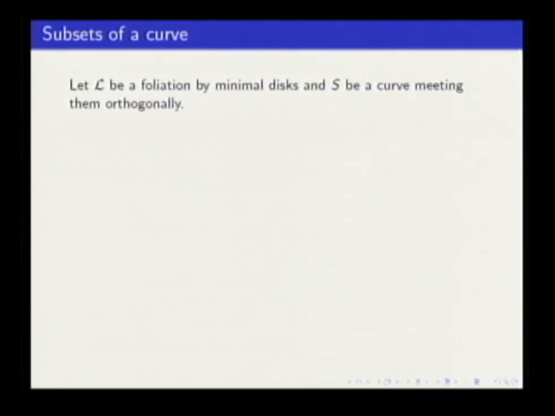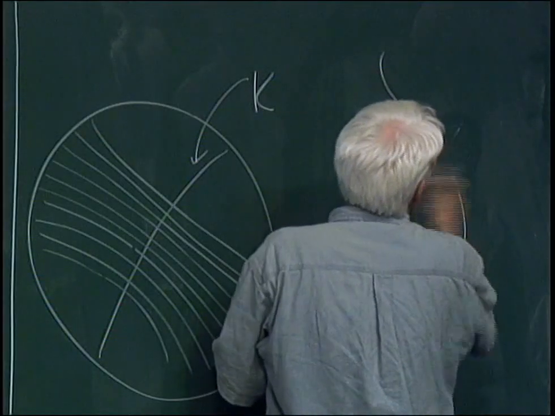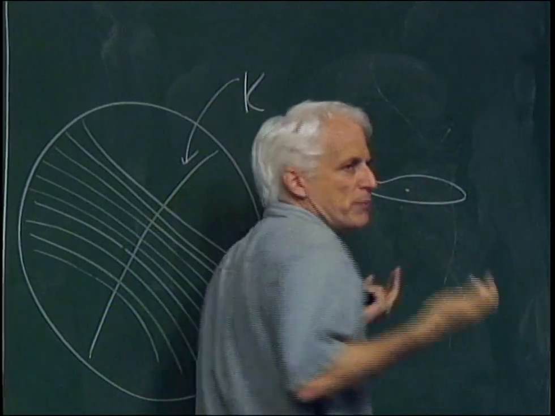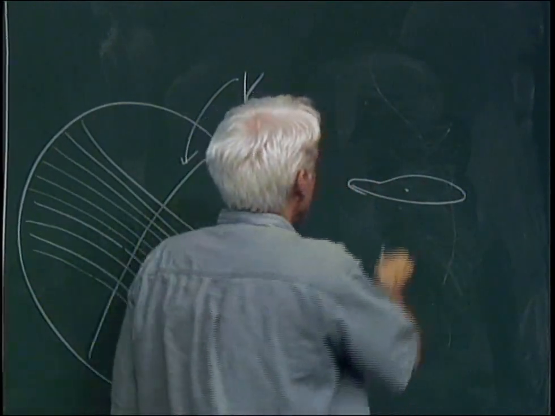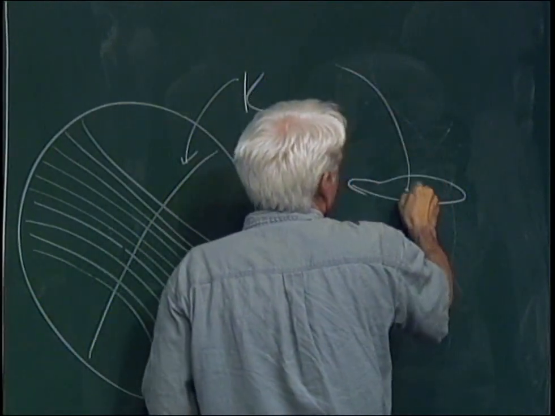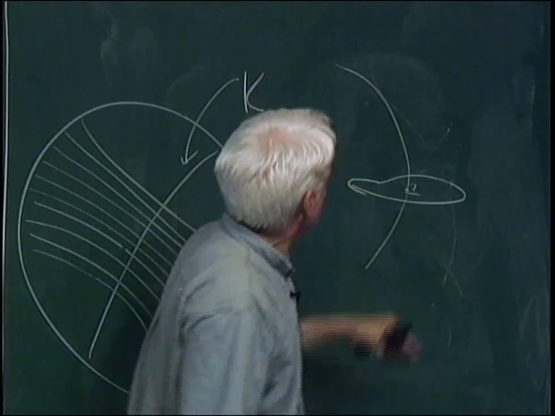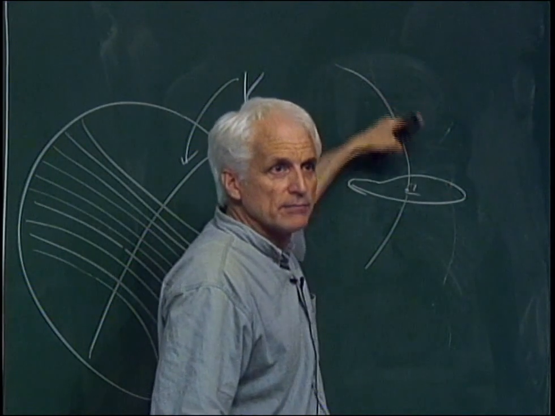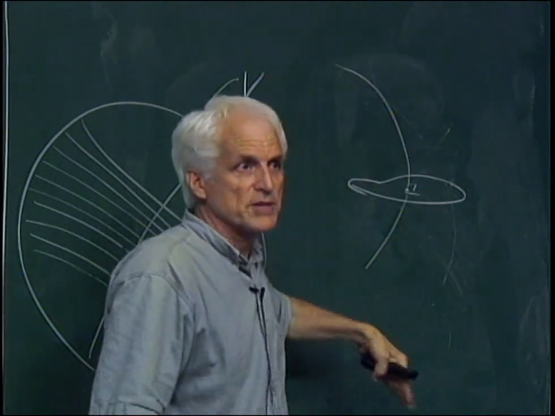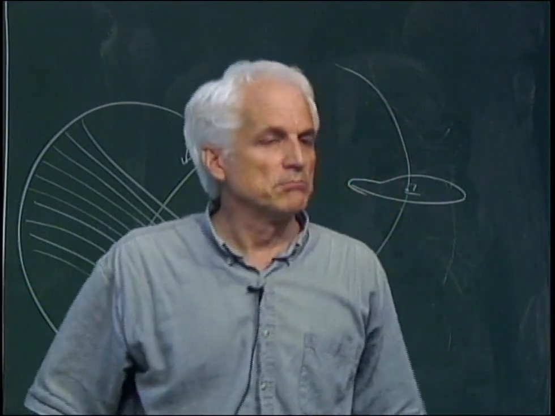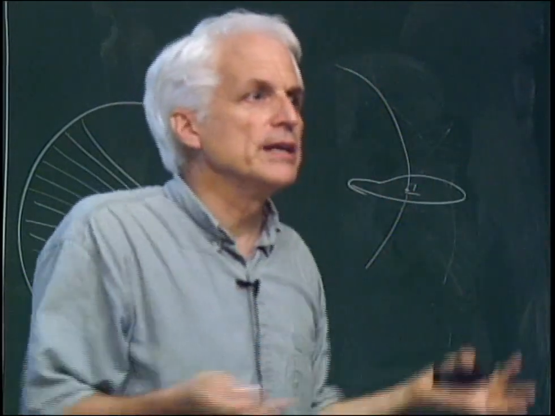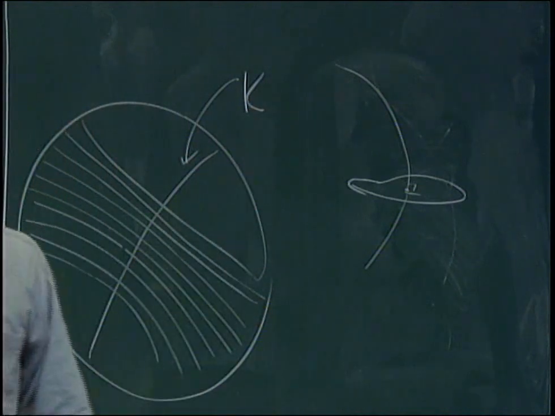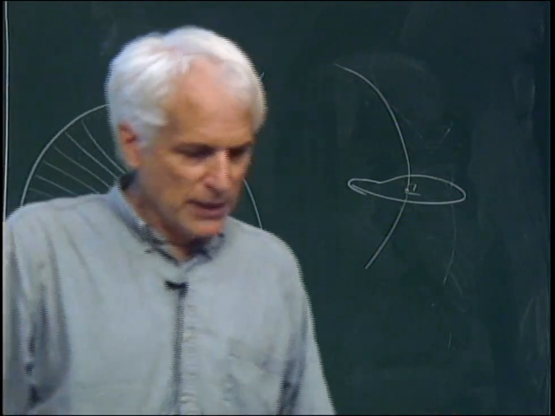Take a small piece of your favorite minimal surface and take any smooth curve in R3 that meets it orthogonally. Now you can just move the surface along, keeping it orthogonal to the curve. So that's one way you can get lots and lots of examples in R3 of curves and foliations that satisfy this thing. But you can also do this sort of thing in Riemannian manifolds.